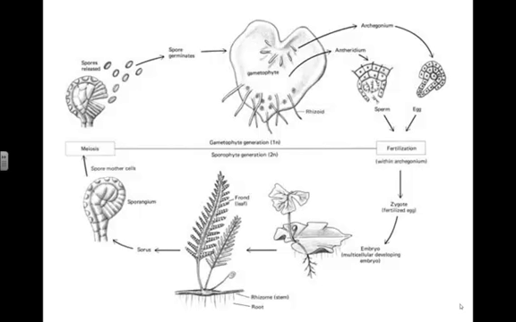And so that is the predominant generation. So that is the gametophyte generation. So make sure you know for the quiz that the predominant generation for moss is the gametophyte generation, and the predominant generation for a fern is the sporophyte generation.